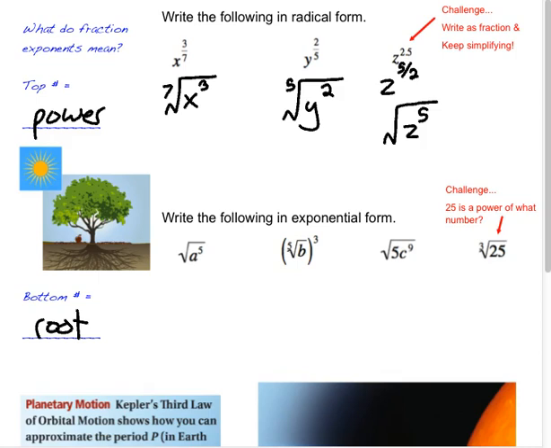So the square root of z to the 5th. Now my challenge for you is this one can actually keep simplifying. If we have a square root, this can keep going. Using the skills we got in the first half of the chapter, 2 goes into 5 twice, with one of them left over.